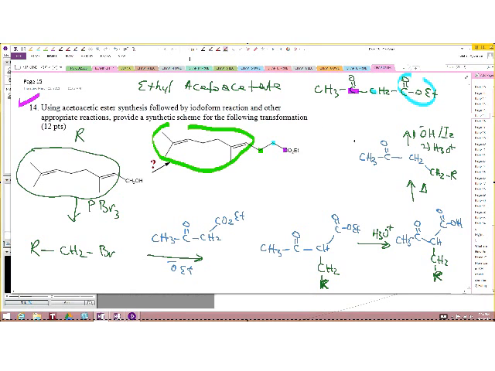And then what does that give us? The carboxylic acid. What the iodoform will do is turn this here to a carboxylic acid. This methyl will be lost. So this becomes carboxylic acid.